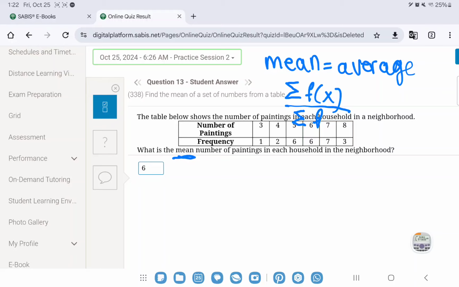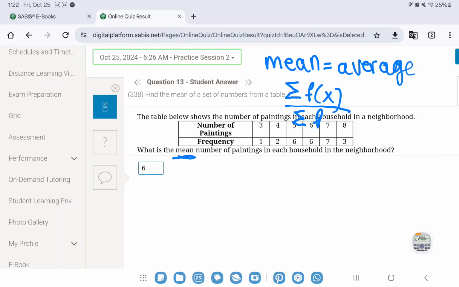So what does this mean? Because some people don't know the signs. What this means is you're going to find out all the number of paintings and divide it by the number of paintings you have. So let me solve it and you'll understand.